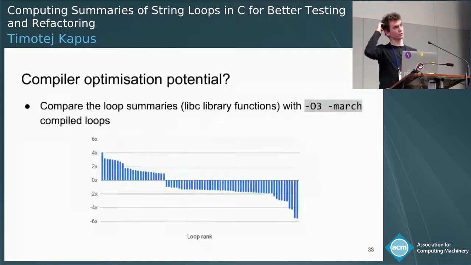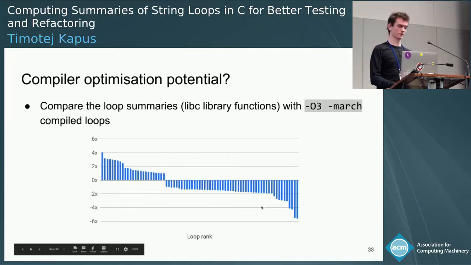Next, we looked at the compiler optimization potential, where we compare the loop summaries, so the libc library functions, with heavily optimized compiled loops. And here, not that surprisingly, the loop summaries are slower in most cases, but there are some cases where it's faster.